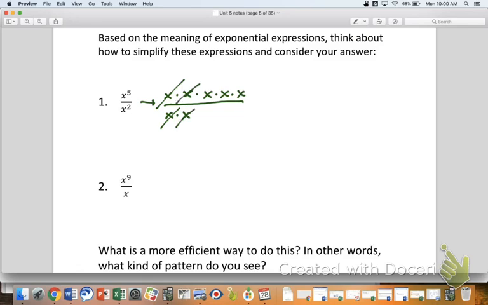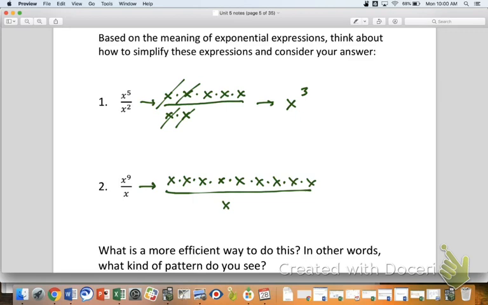You with me? What's left over? x to the third, right? x times itself 3 times. Okay. So then this other one, this would be x times itself 9 times. 6, 7, 8, 9.